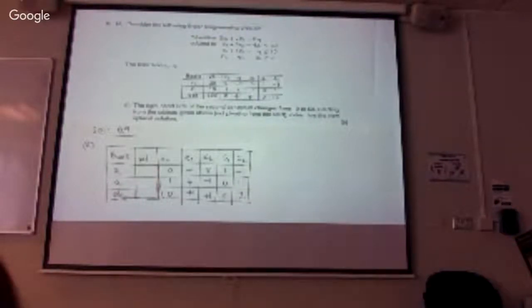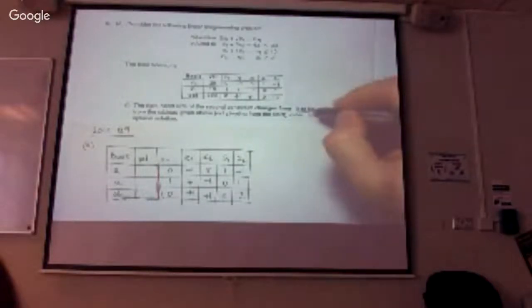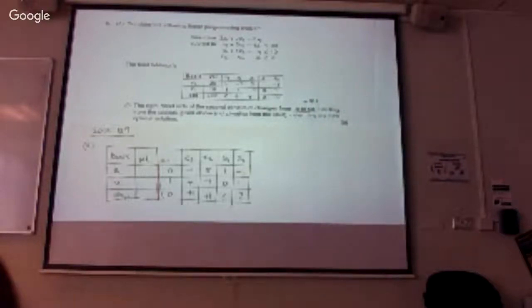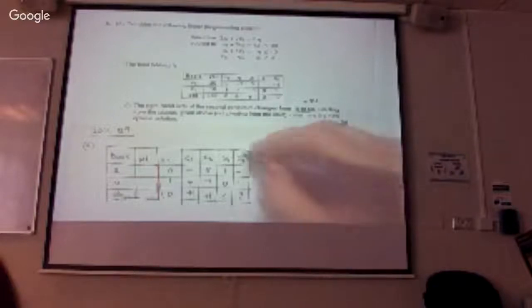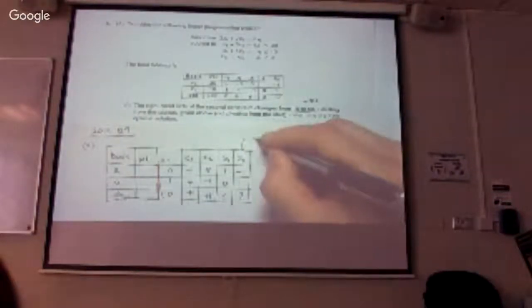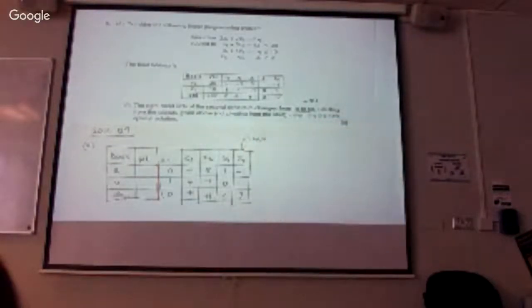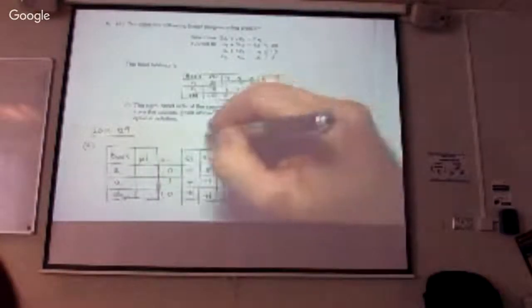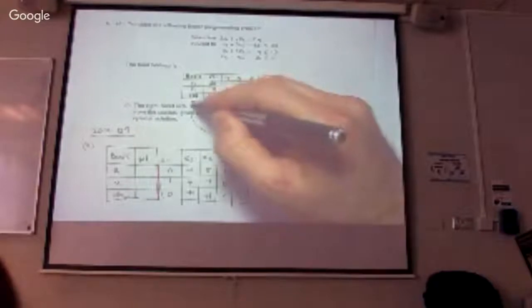Yeah, one way of doing it is look at the difference. So it's changed by 40 of the second constraint. So you have to take 40 times this and add this.